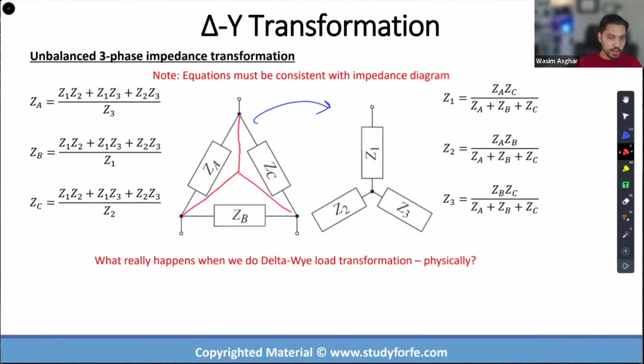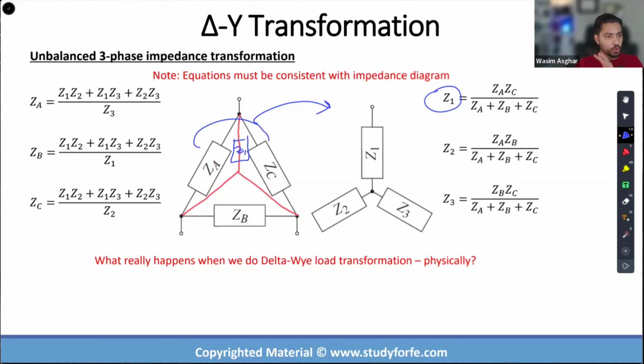And in my PE power program, I almost derive it from scratch, giving a very detailed explanation. But assuming you have the equations in front of you, you can see that this is where Z1 is showing up. So when I look at the formula of Z1, Z1 is squeezed in between ZA and ZC.